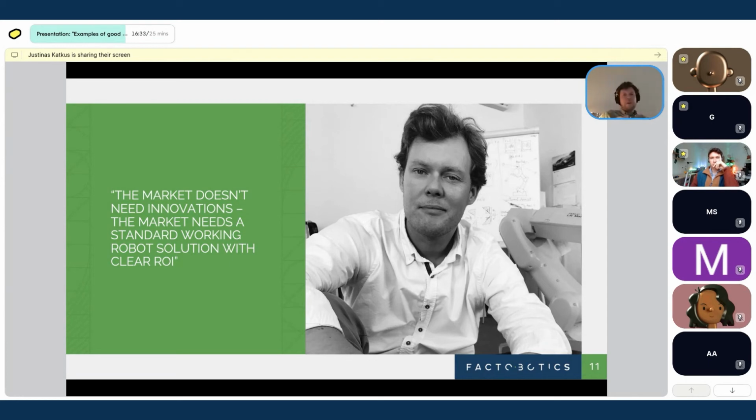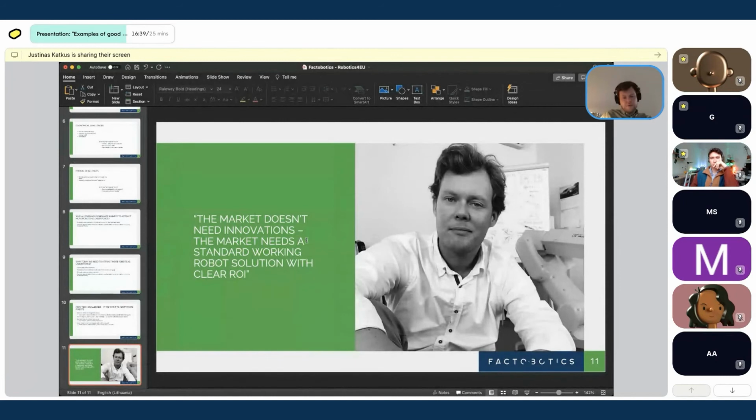That's more or less where robotics is, and that's how simplified it should be if we want to adopt it more broadly. This is it. I will stop here and open my panel for questions.